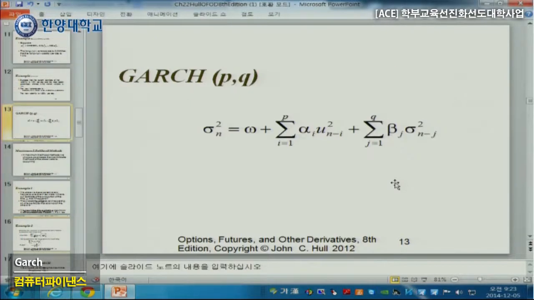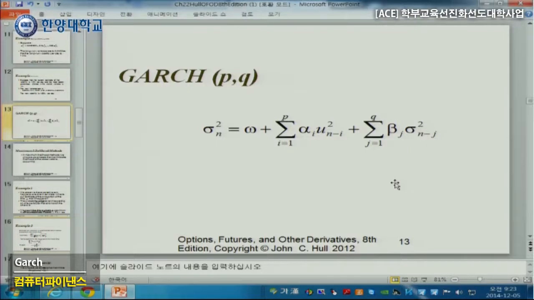Okay, now we have a volatility model. If we have a good volatility model, then maybe we can guess more correctly what the future volatility would be, and so the future option price. As you remember, when we use call and put option prices, the only thing we need to estimate is the volatility.